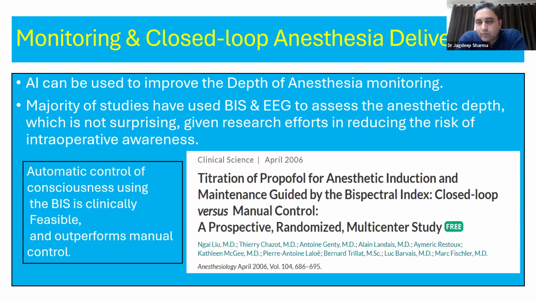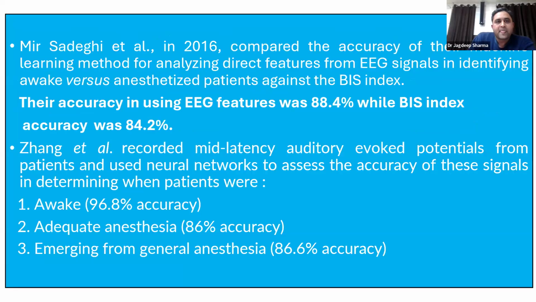It was a prospective multi-center study, and they found that automatic control of consciousness using the BIS is clinically feasible and outperforms manual control. So the majority of studies have used BIS and EEG to assess the anesthetic depth, which is not surprising given the research efforts to reduce the risk of intraoperative awareness.